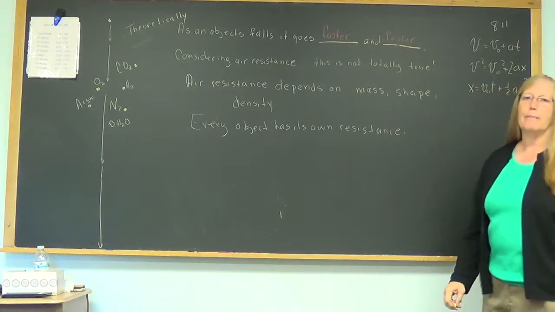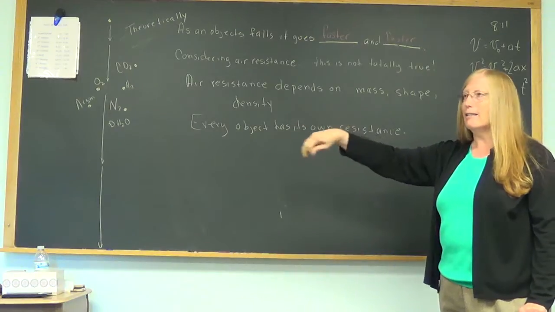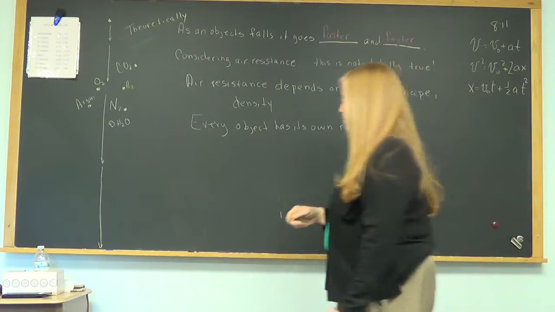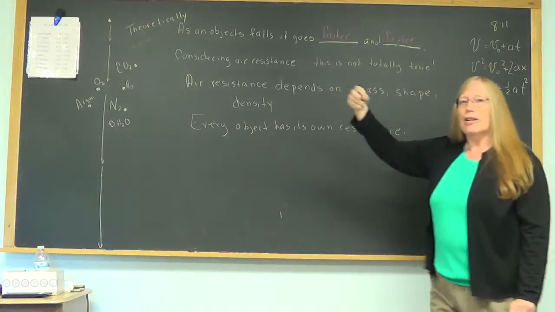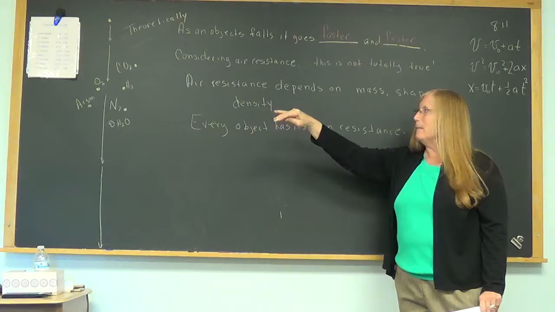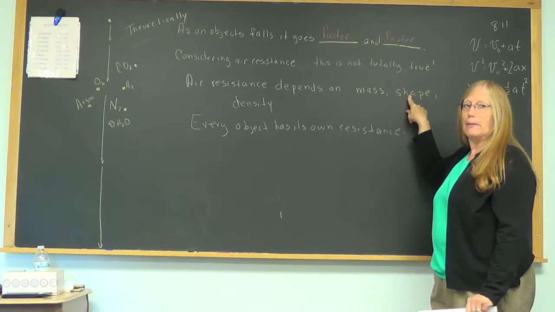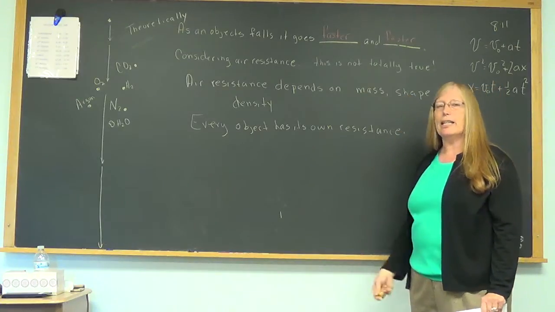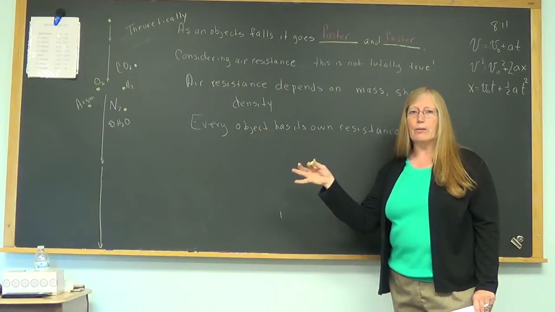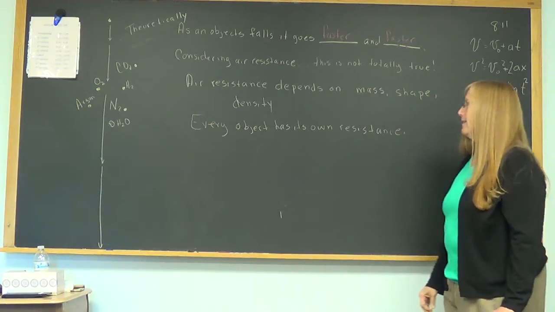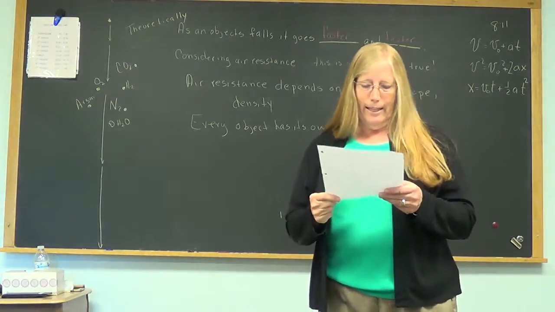If we drop one of those peanuts that you get in a packing bag, when you have a package and you put those plastic peanut things in, that one doesn't have very much mass and its shape is sort of odd, so it's going to catch a lot more air molecules than if I drop this piece of chalk, which is more dense and has more mass. So we have this idea just in life, and it should make sense.